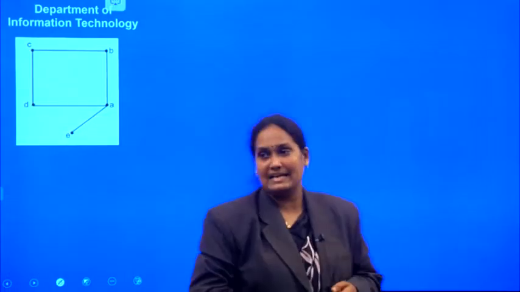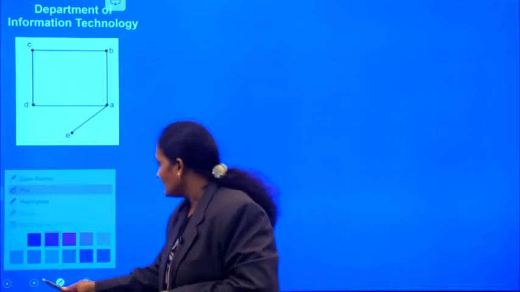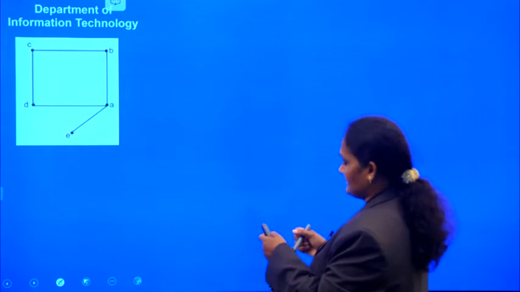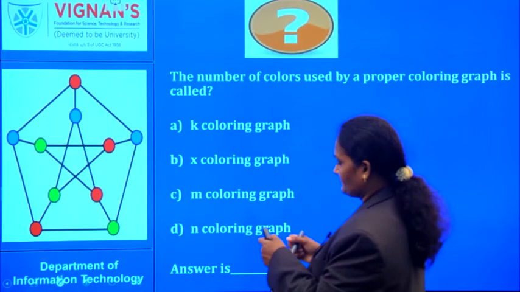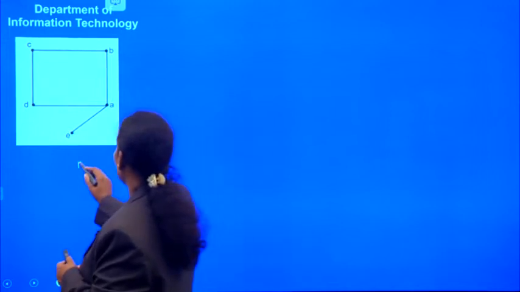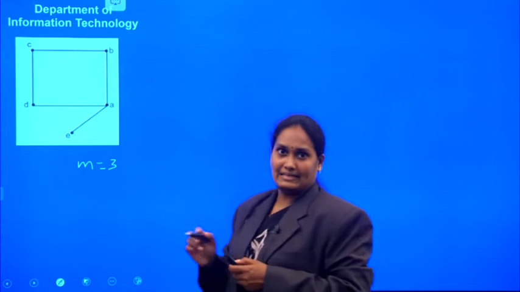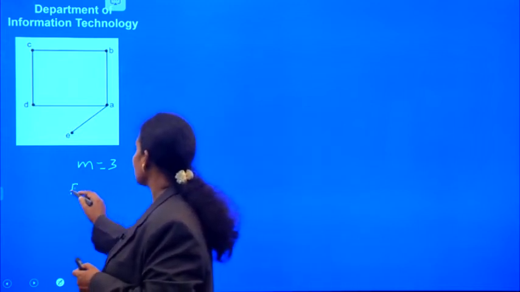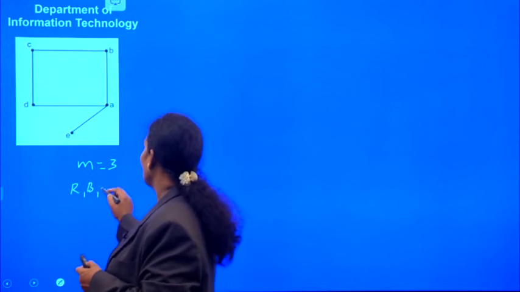Now coming to this one, how to construct a state space tree for this particular graph to color the vertices. Let us see, if I have been given m equal to 3 colors, how can I color the vertices of this graph? Let us say those 3 colors are red, blue, white.